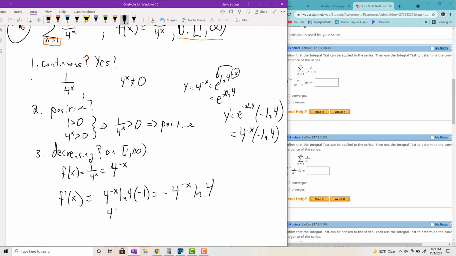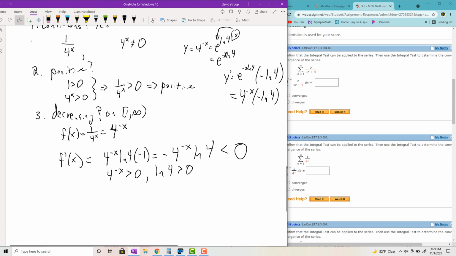4 to the negative x is greater than 0, ln of 4 is greater than 0, and then there's that negative in front. So you have a positive times a negative. That is certainly negative, and it will be less than 0. Okay, so it's decreasing on this interval from 1 to infinity.